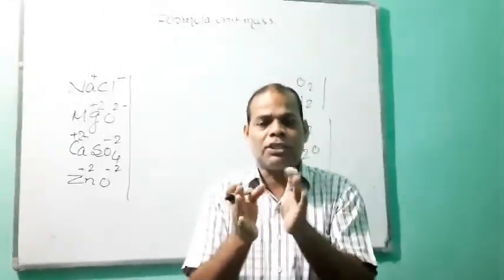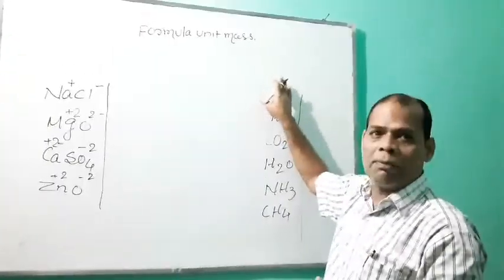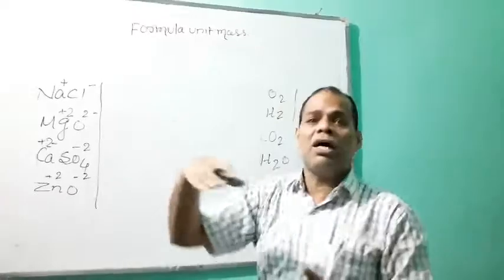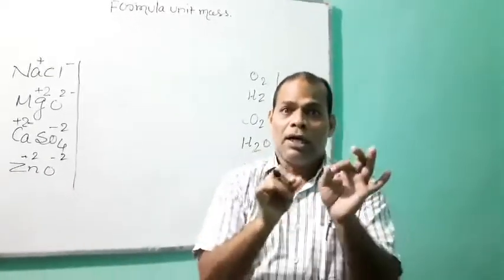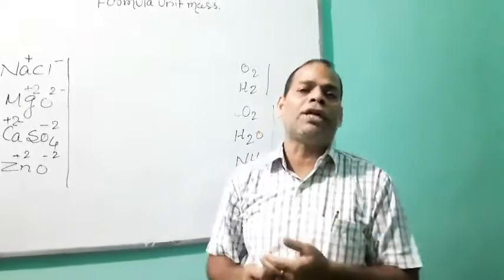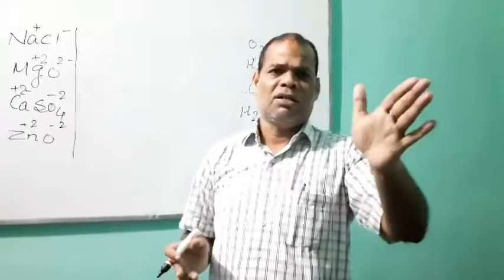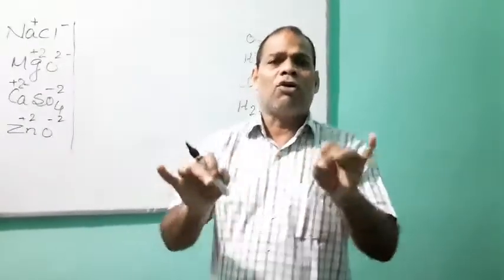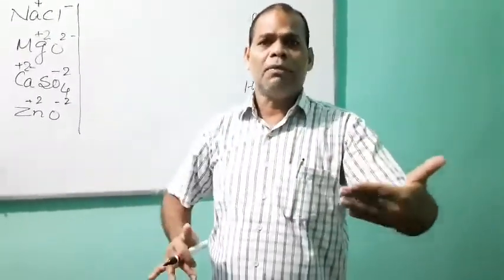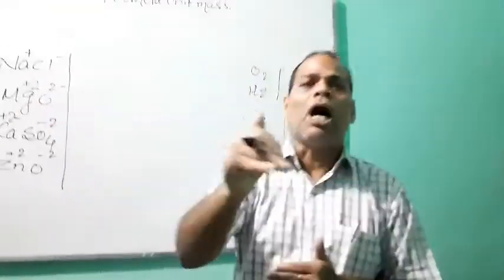So hopefully my dear students, you have understood why we call one a molecular mass and another a formula unit mass. The method of calculating formula unit mass and molecular mass is the same, but here we call it by a different name because one constitutes molecules, another constitutes ions.